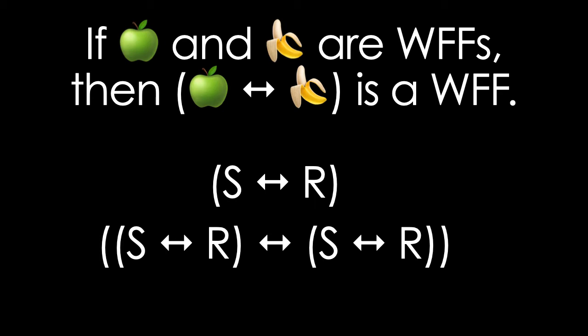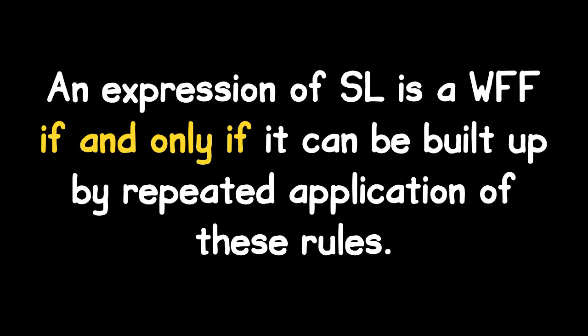So you get things like (S if and only if R), and ((S if and only if R) if and only if S), if and only if R. An expression of SL is a well-formed formula if and only if it can be built by repeated applications of these rules. This turns our rules into a definition because it captures all the well-formed formulas and only the well-formed formulas.